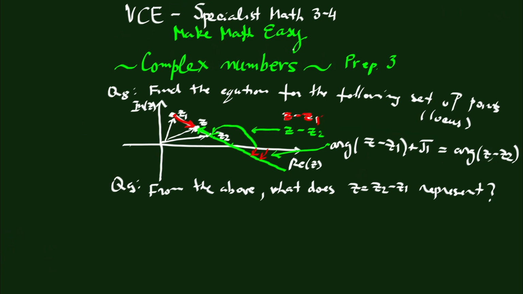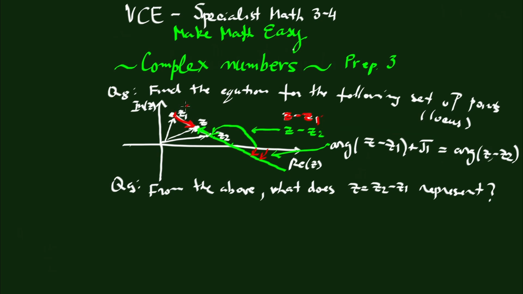So let's have a look at that. So again we're going to a red column. So what that would be? That would be a vector pointing from the end of z1 towards z2. So the vector would be from here to here.